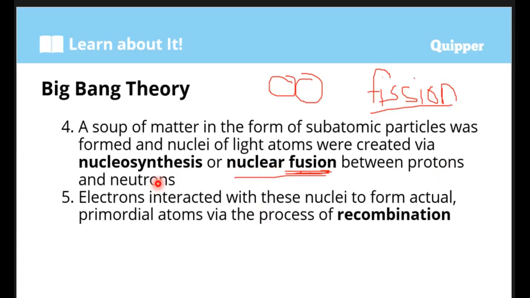Then the negatively charged particle called electron was being combined with other subatomic particles as well in the process of recombination. So this is the explanation of the Big Bang theory.